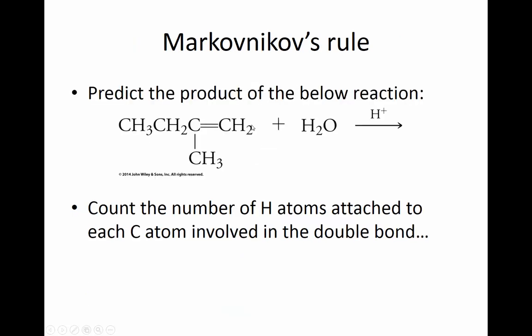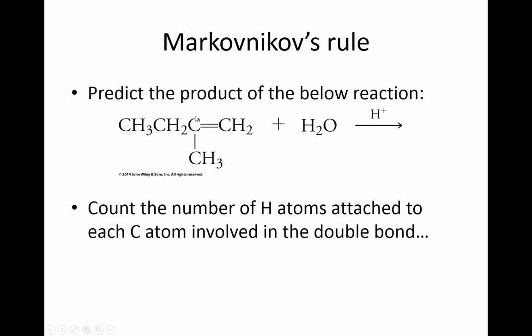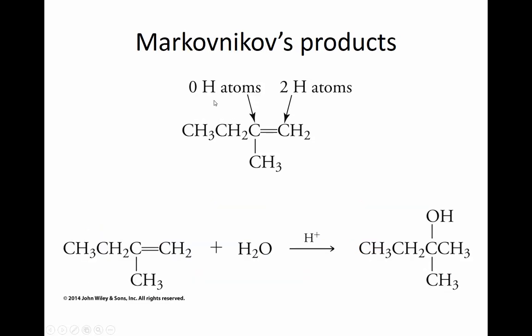Again, it's basically this: the more highly substituted cations are more stable. So when we make that carbocation right here, we're going to get the OH from the water attaching to this carbon that right now has no hydrogen atoms attached. So that's what we're going to see. This is going to be the major product of this hydration reaction here.